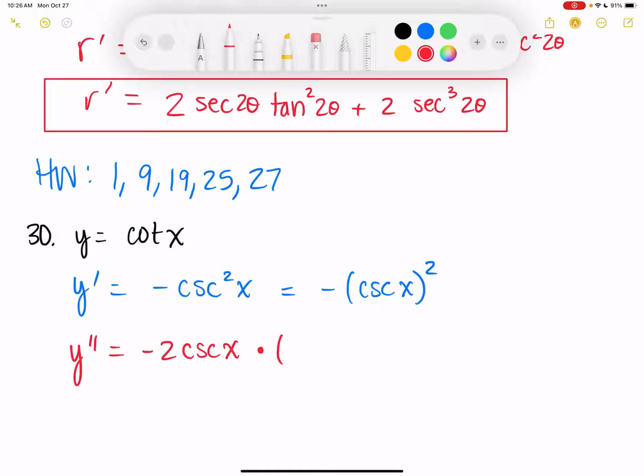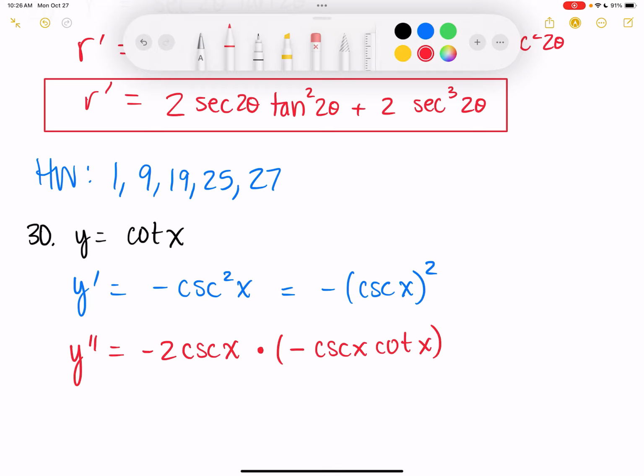Negative cosecant x times cotangent x. I think you forgot the negative. And then cotangent of x.